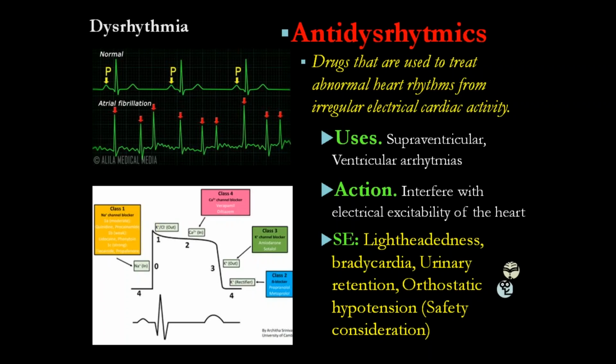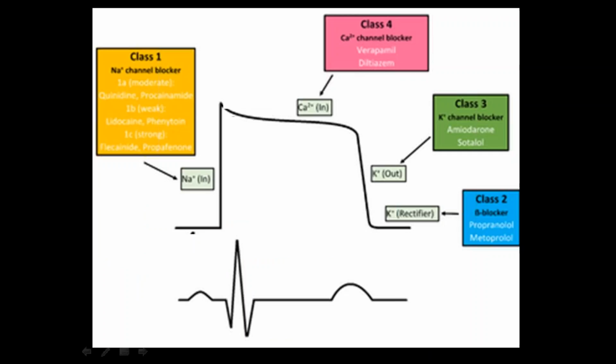Cardiac output is volume multiplied by the heart rate. If the heart rate goes down, cardiac output goes down, so the blood pressure goes down. So safety precautions for that. We also have urinary retention. You can have bradycardia and lightheadedness. But the most common and the most important is orthostatic hypotension.